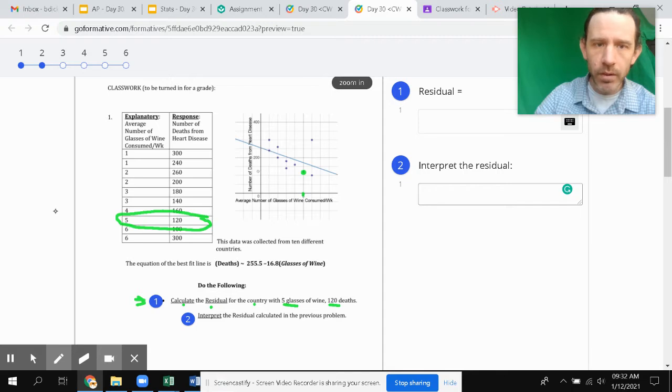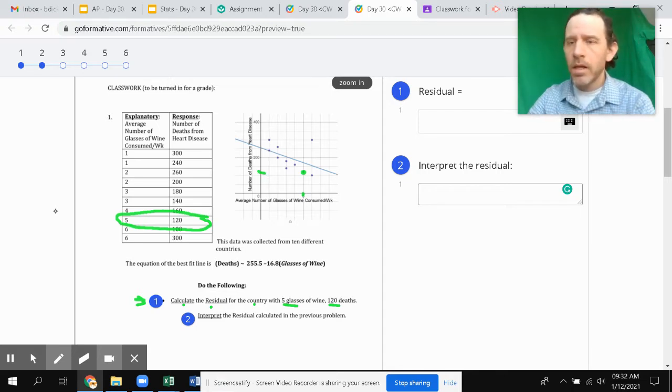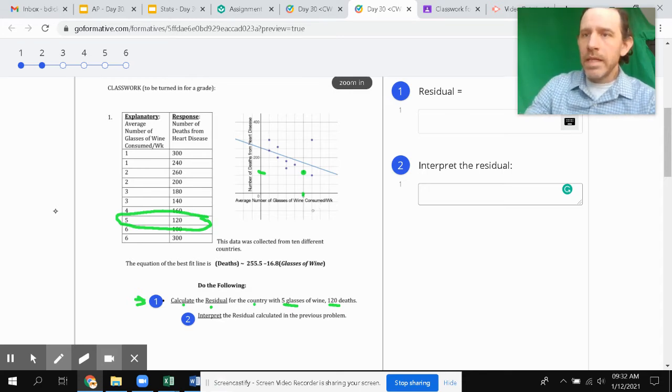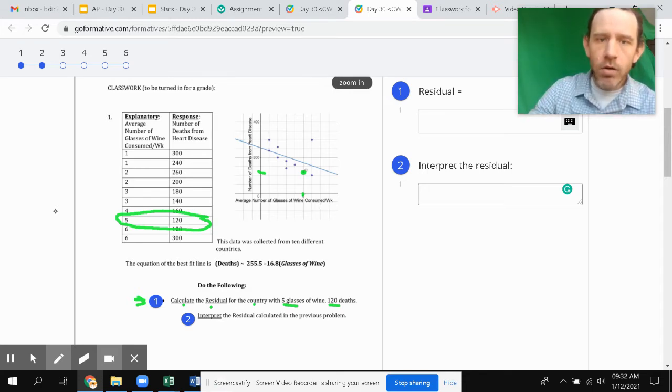So this is the point that we're looking at. It's 5 and that's 120. And what we're basically calculating is how far off that point is from the best fit line. So the distance here, right? We're going between this point to where the point would be on the best fit line.